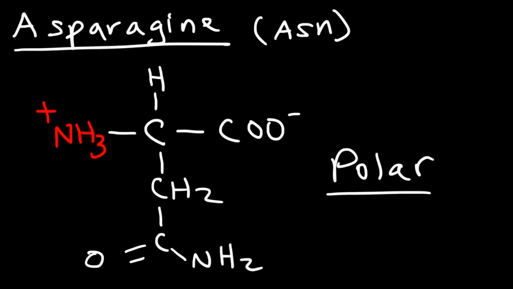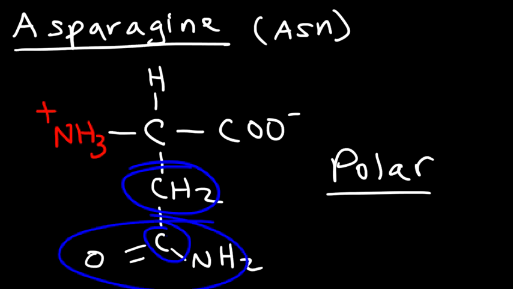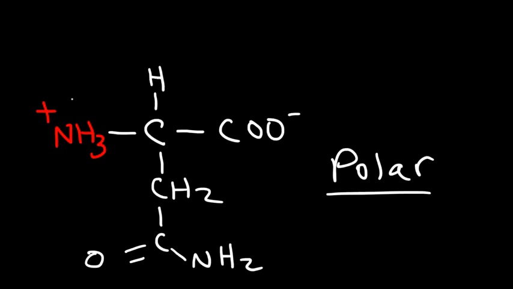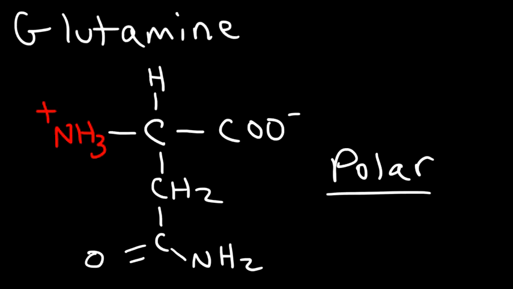Now, before I move on to the next amino acid, I want you to compare the structures of asparagine and aspartate. Notice that they both contain 2 carbons. They contain one CH2 group and another carbon atom. Now, in aspartate, it ends with a carboxylic acid. In asparagine, it has an amide. Now, consider the similarities between the next one, which is going to be glutamine. Glutamine is going to be very similar to glutamate.